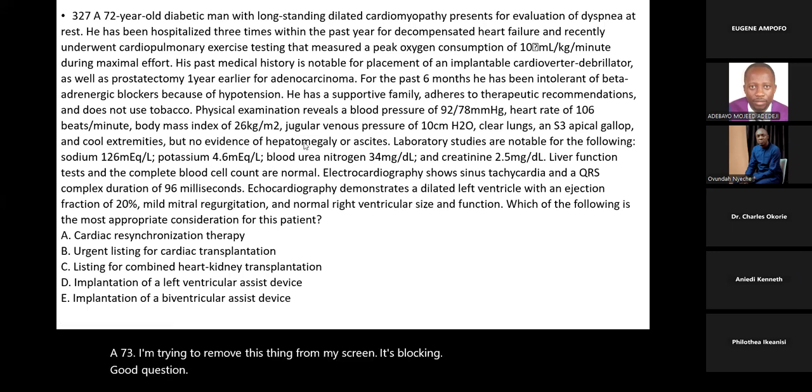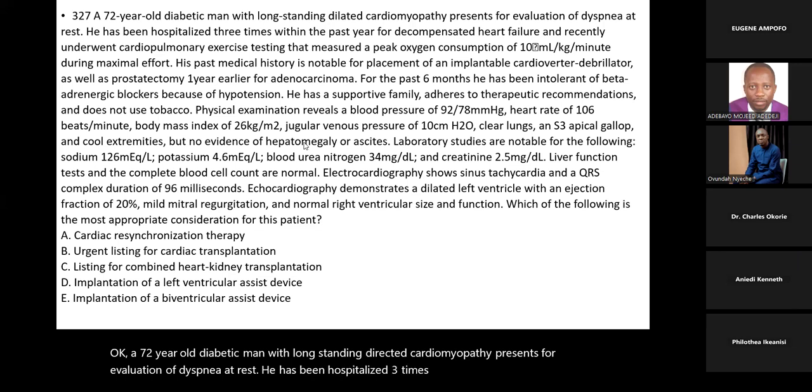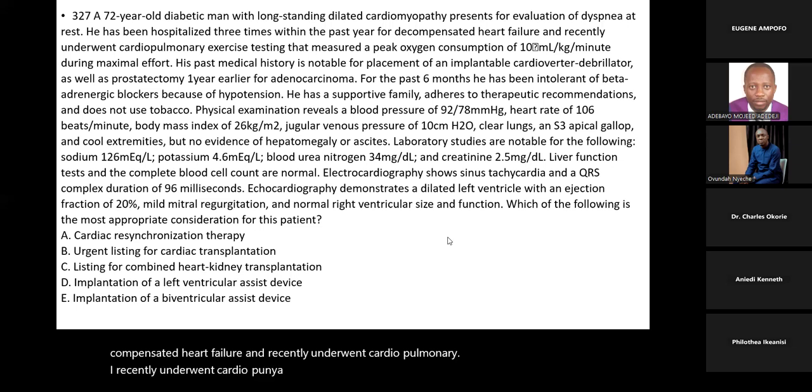A 72-year-old diabetic man with long-standing dilated cardiomyopathy presents for evaluation of dyspnea at rest. He has been hospitalized 3 times within the past year for decompensated heart failure and recently underwent cardiopulmonary exercise testing that measured a peak oxygen consumption of 10 mL/kg/min during maximum effort.